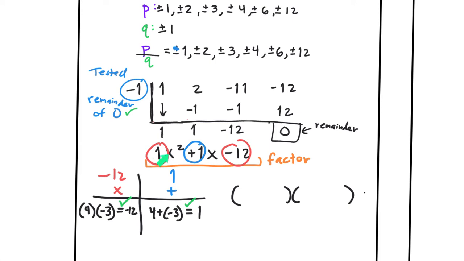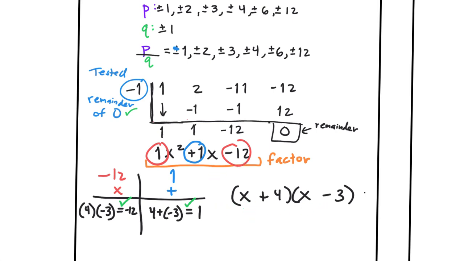The variable is x, so I would put in x here, and then the numbers that worked are positive 4 and negative 3. Awesome. So do I need to divide by anything? No, because the number in front is 1. So 4 divided by 1 is 4, and negative 3 divided by 1 is negative 3. So that's my factoring of this.